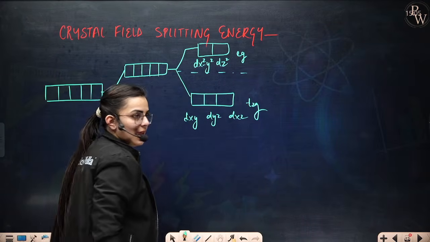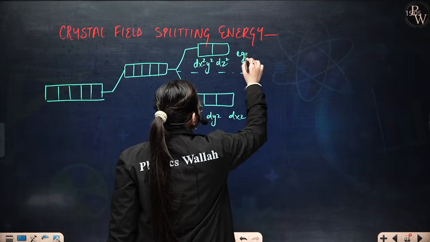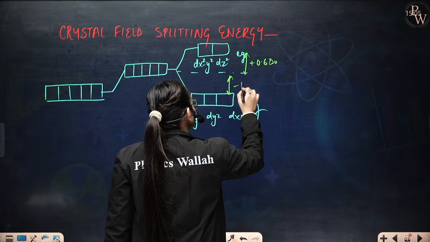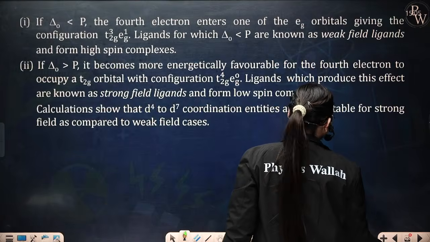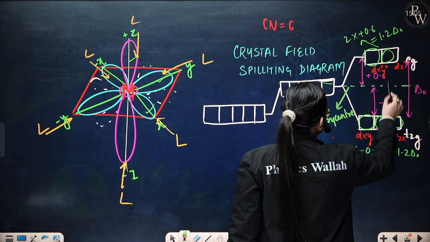Am I right? Over here, one more thing I told you, that this gap will have positive 0.6 delta naught value, and this will have minus 0.4 delta naught. Also, students, write over here delta naught.